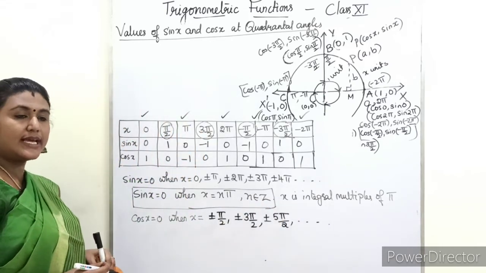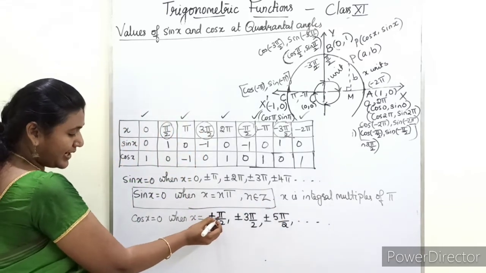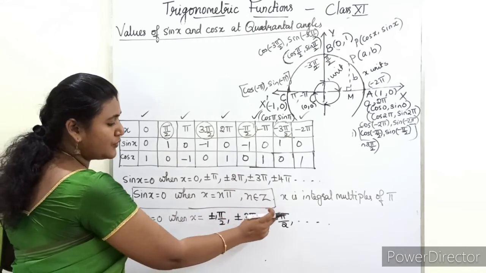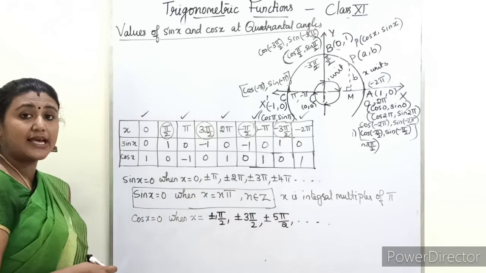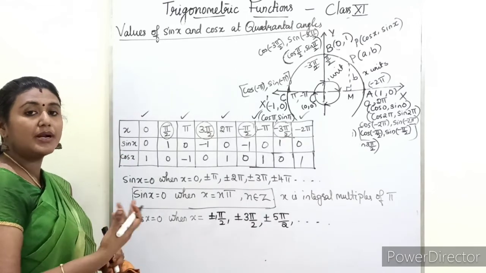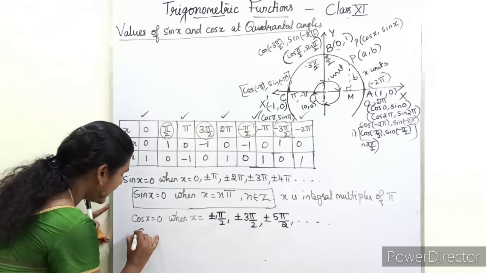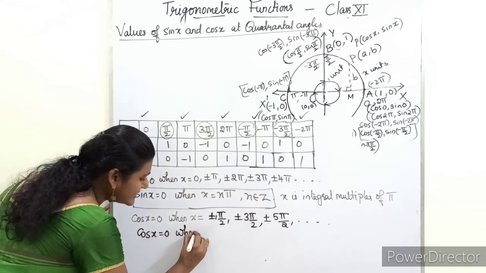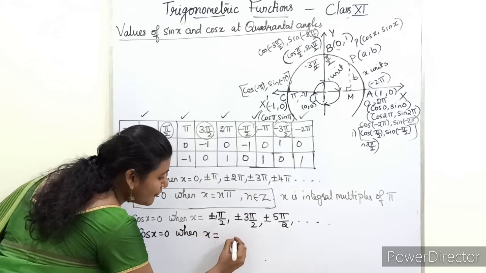So here, can you see any pattern? Pi by 2 means 1 pi by 2, then 3 pi by 2, 5 pi by 2. The next will be 7 pi by 2. So what are we getting here? The x values are odd multiples of pi by 2. So I can write cos x is equal to 0 when x is an odd multiple of pi by 2.